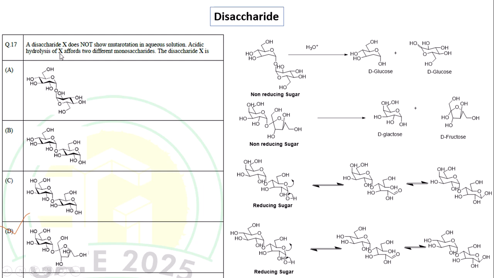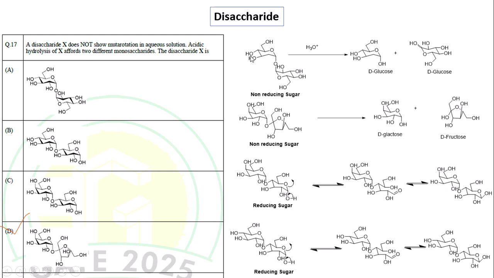Acidic hydrolysis of X gives two different monosaccharides. Suppose in the case of sucrose, the two monosaccharides it produces are D-glucose and D-fructose. These are two different monosaccharides, and it does not show mutarotation, as it cannot go to the open chain form.